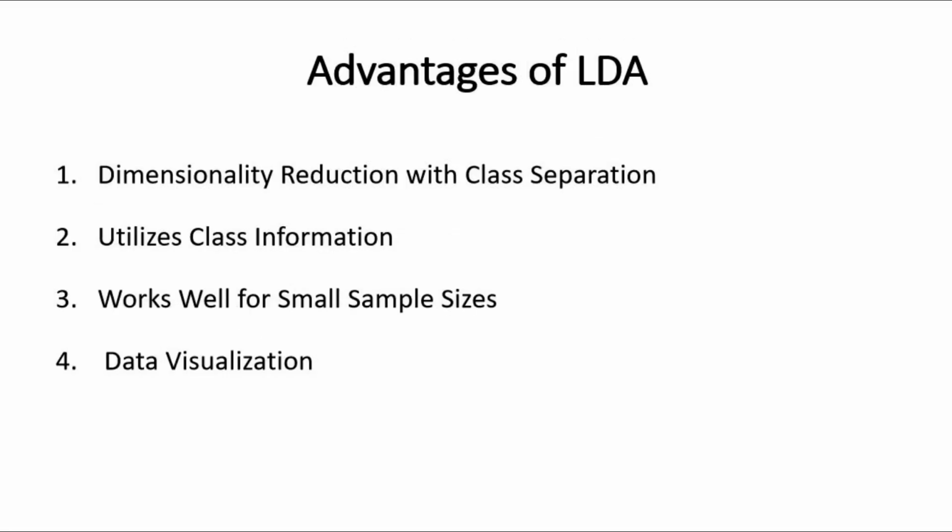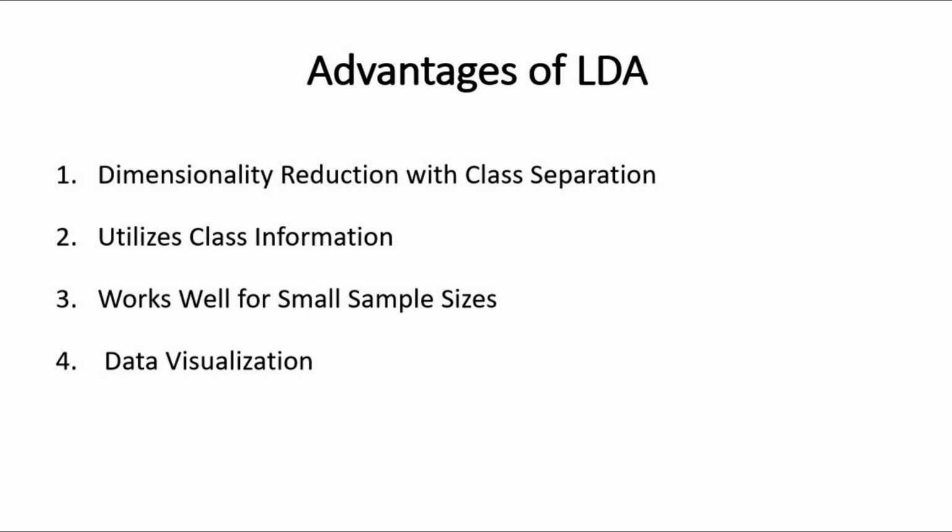The advantages of LDA are as follows. First, dimensionality reduction with class separation. LDA aims to maximize the separation between classes while reducing the dimensionality of the data. Second, it utilizes class information, that is, LDA takes advantage of class labels during its computation, which can lead to better separation of classes compared to unsupervised techniques like principal component analysis, PCA.